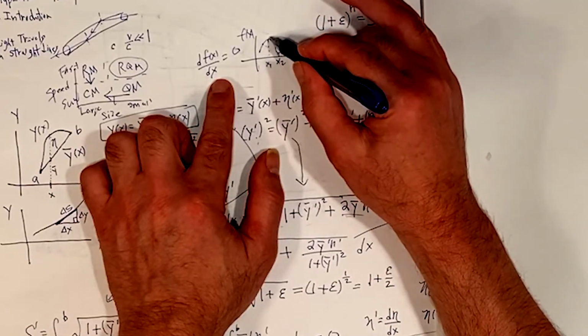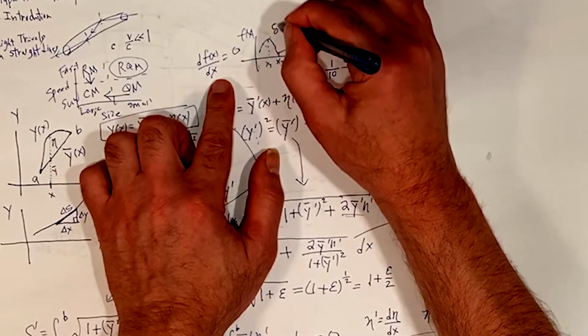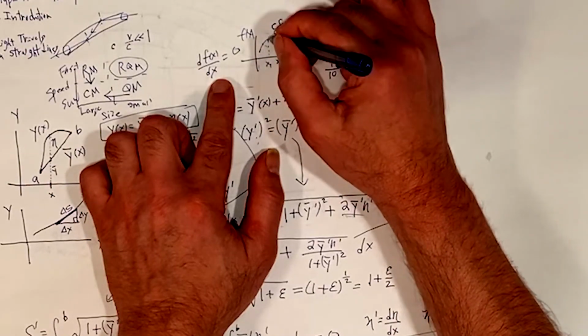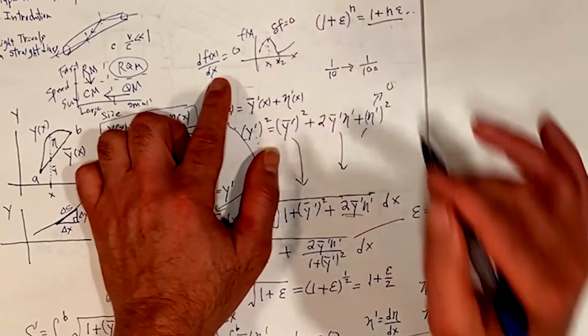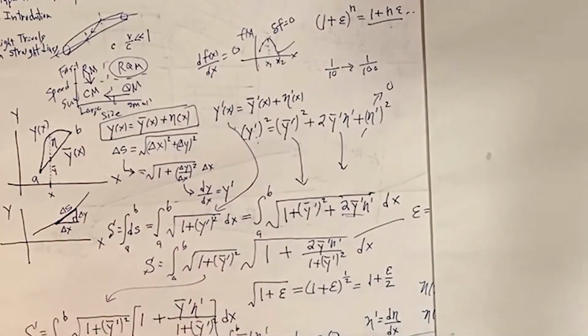And notice that the function at this point, the variation of the function at the top or the bottom here, is 0. So if you do a little displacement left or right, you get 0 because it's flat. So it's not changing in that infinitesimal place.